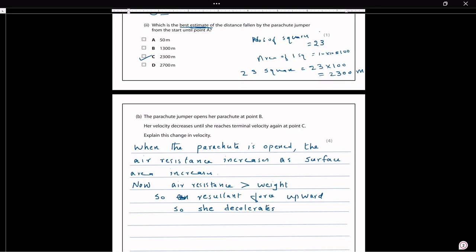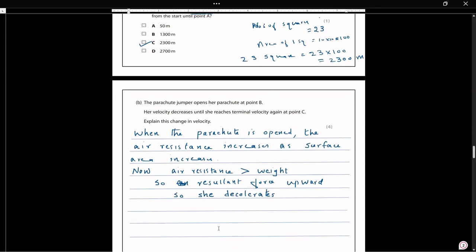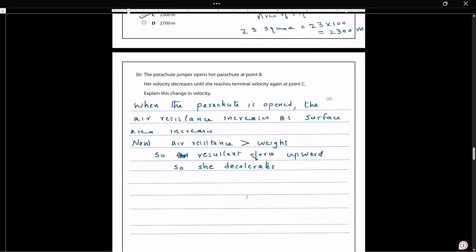She is falling down, and at the same time the resultant force is upward, so her speed is decreasing. She decelerates, and her speed decreases.